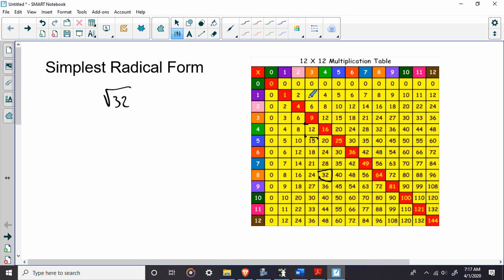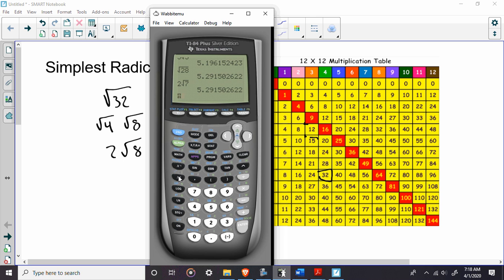Well, 4 is one of my numbers, right? So let's go ahead and let's say, what do we got? We got radical 4 times radical 8. Square root of 4 is 2, and 2 radical 8. Let's double check. Square root of 32 is that, and 2 radical 8 is that, and perfect, right?